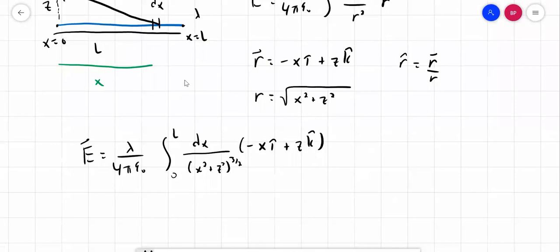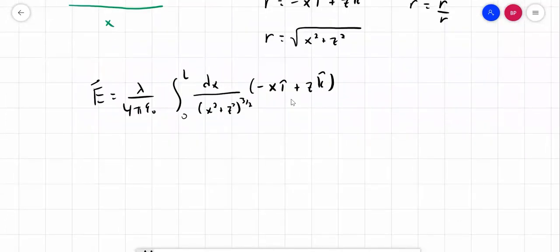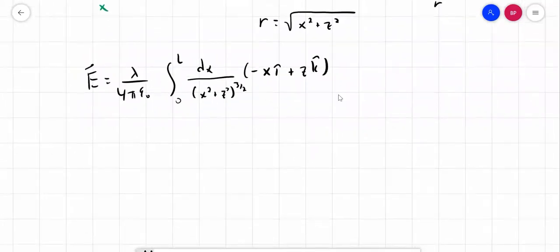Okay. So now we can break this up into our x component and our z component. So the x component is everything in front of the i hat. So that's a negative x and all of this stuff. So our Ex, we still have all these constants here.